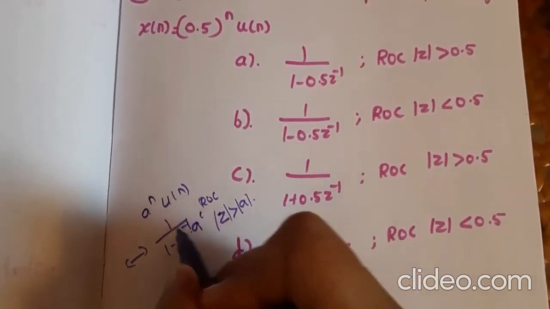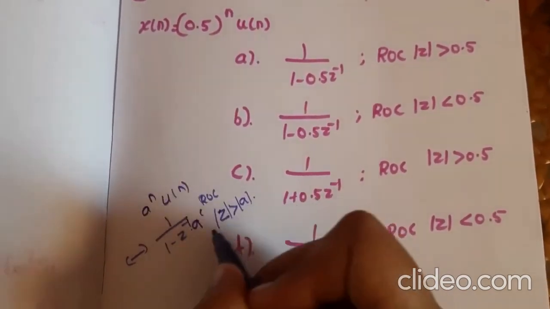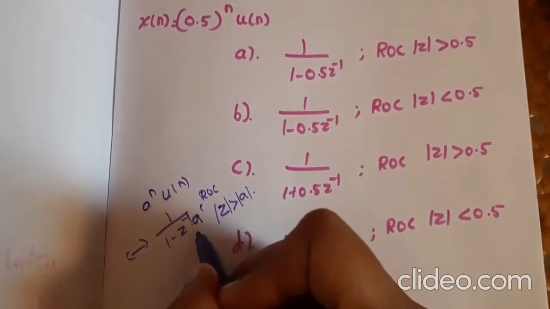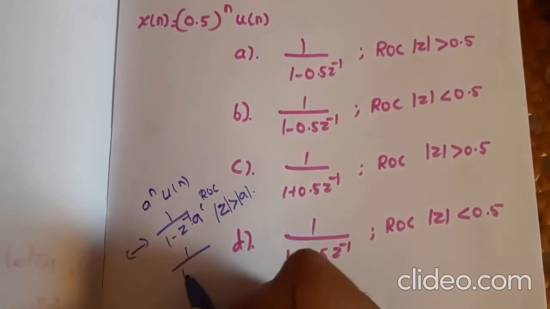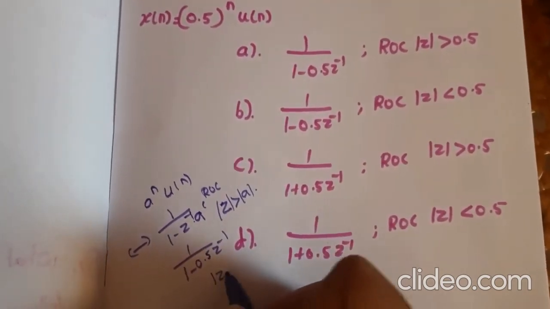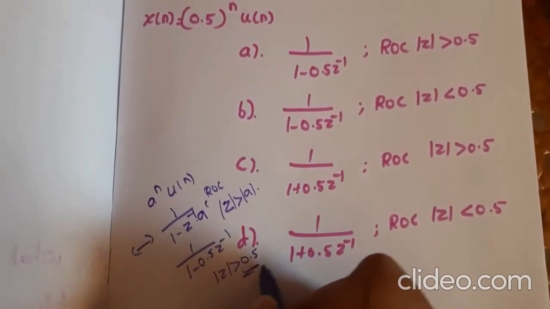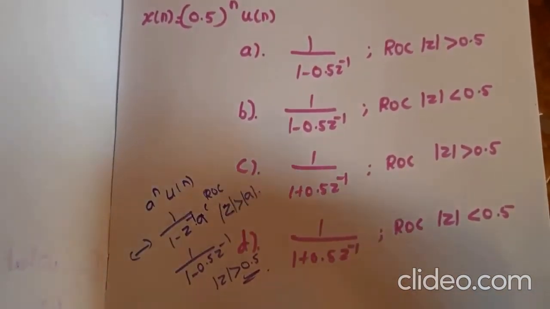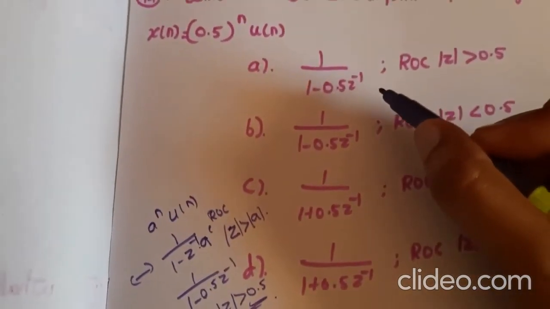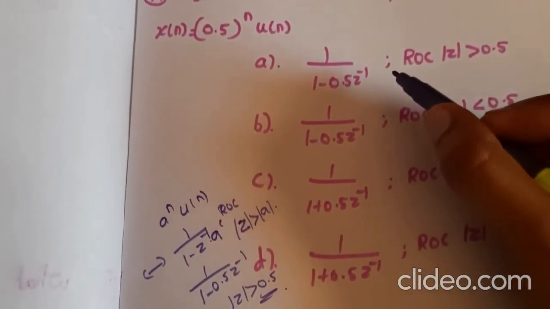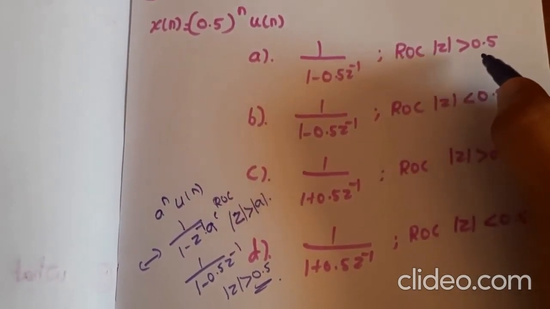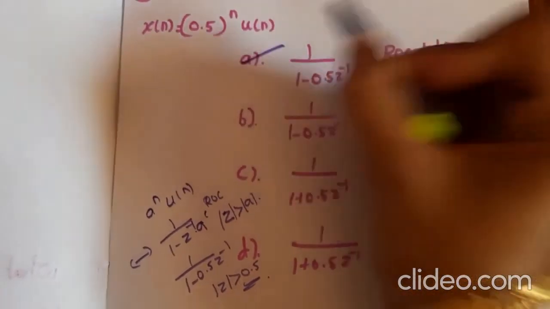Here a value is 0.5. So putting a is equal to 0.5, we will get 1 divided by 1 minus 0.5 z power minus 1 with ROC z greater than 0.5. So A is the answer.